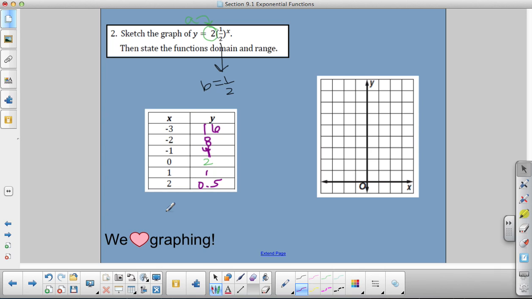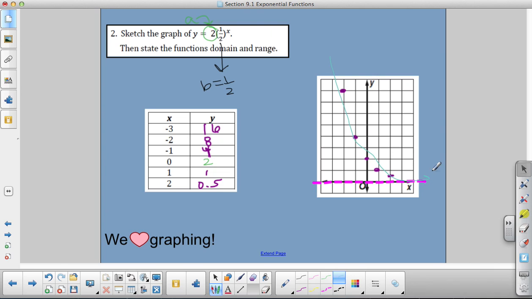So I'm going to go ahead and sketch it. So I'd have negative 3, 16. That is not going to fit on my graph, so I don't need to put it on there. Negative 2, 8. Negative 1, 4. 0, 2, 1, 1, and 2, 0.5. Once again, remember that there is an asymptote here, so I will never touch that, so do not make it touch that.